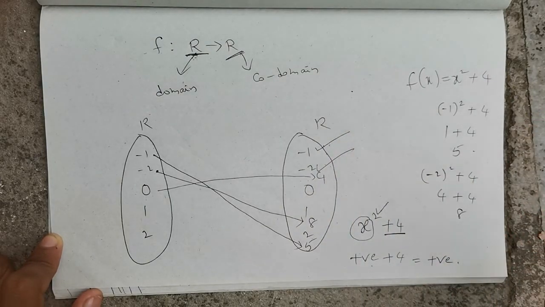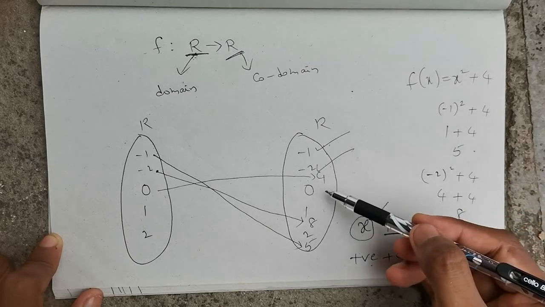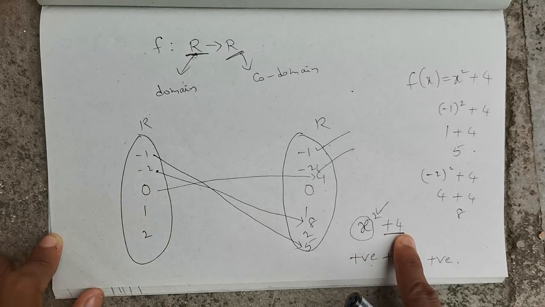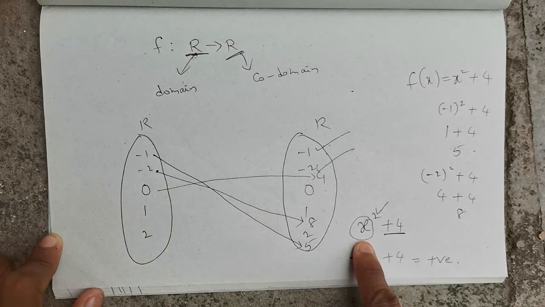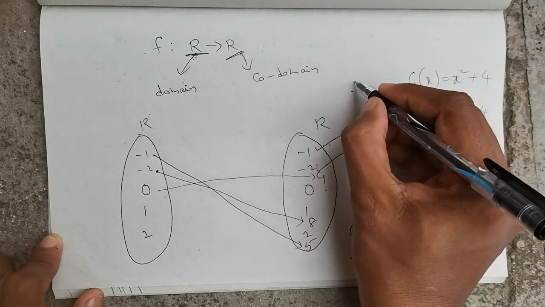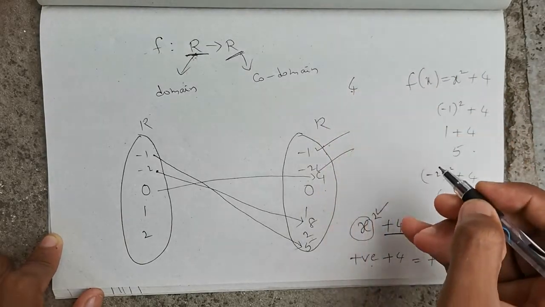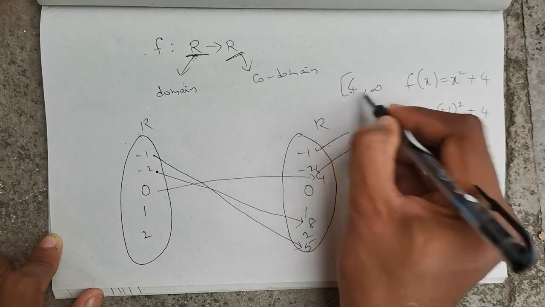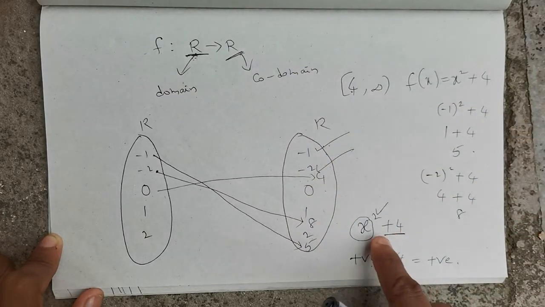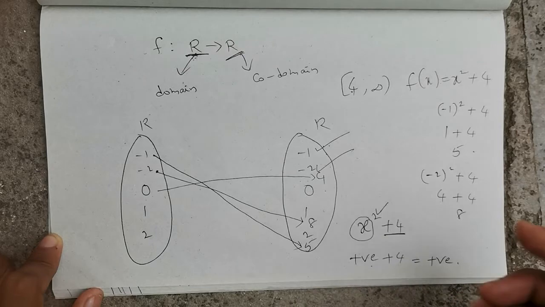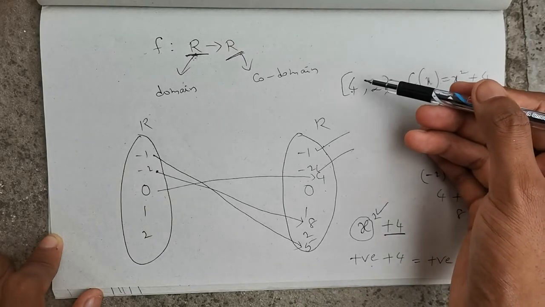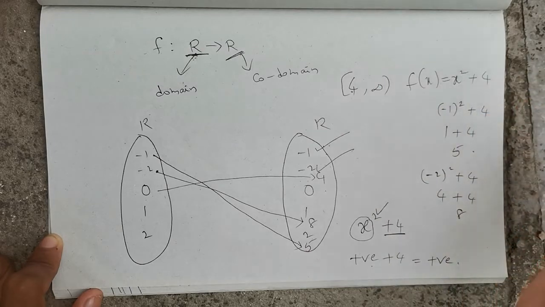That too from where? Is there any chance to get 0? No, because already 4 plus we are doing something. 4 plus something. So compulsorily the range is starting from 4 till infinity. 4 is also included, because 4 plus 0 is 4. So in the range, the first element we will get is 4 only, starting from 4 to infinity.